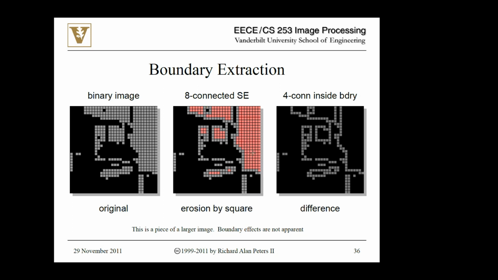Now you compute the difference between the original and the erosion, and this is the result. This result is inside the original image. It is a boundary. Only pixels in the boundary stay. It is 4 connected.